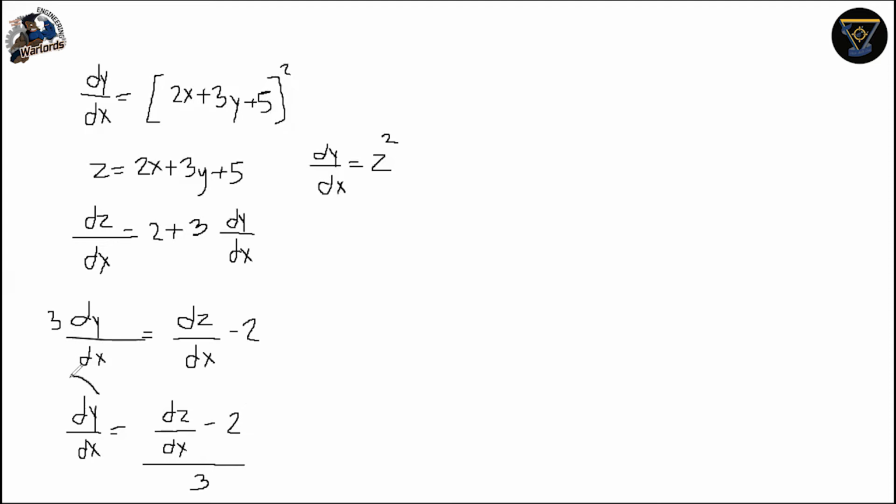So we realize that this has a dy over dx and this has a dy over dx. So all we need to do is equate both of these. So z squared is equal to all of this, which is dz over dx minus 2, all over 3.